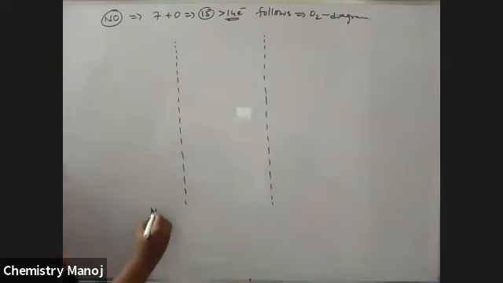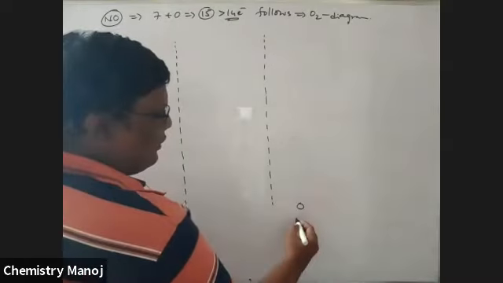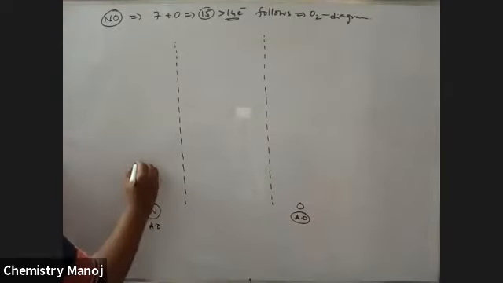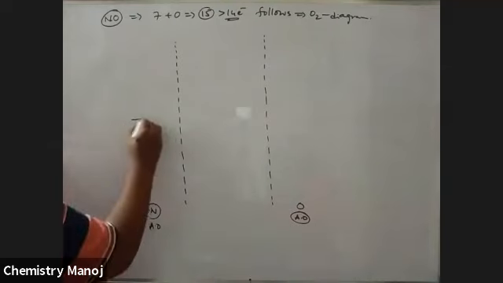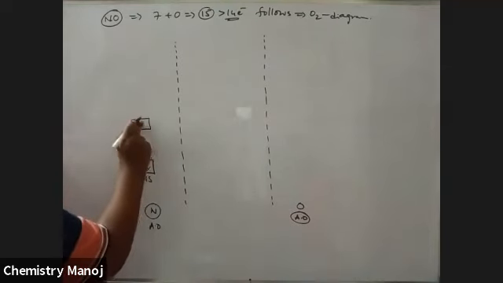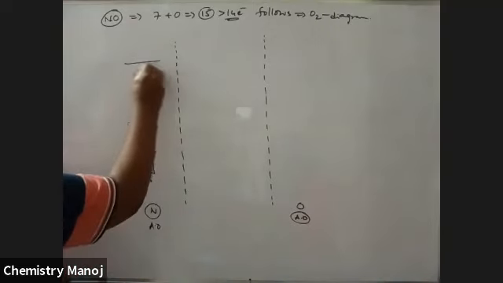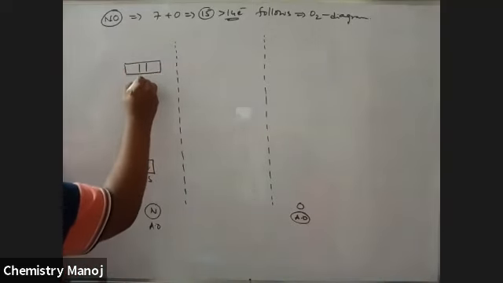On one side is nitrogen with its atomic orbitals, on the other side oxygen with its atomic orbitals. Nitrogen is 1s2, 2s2, 2p3.